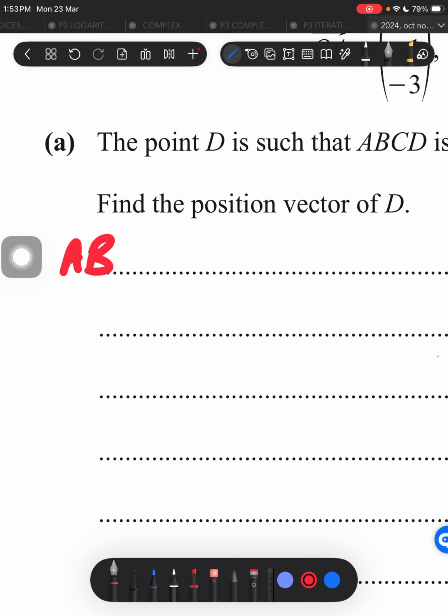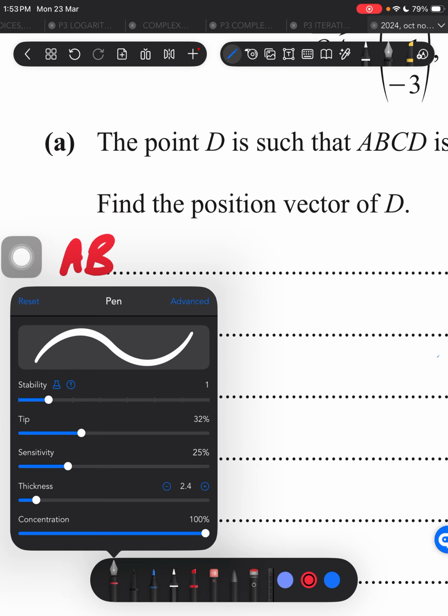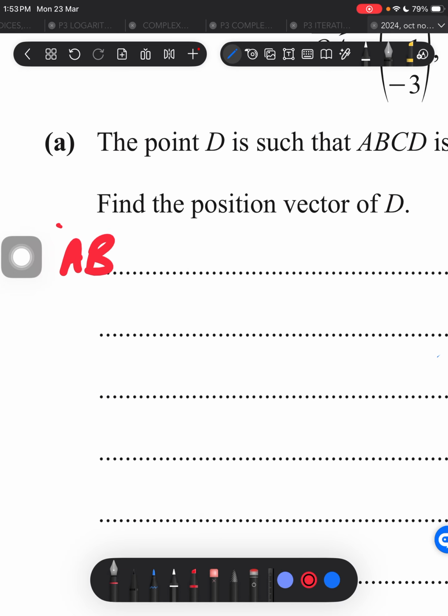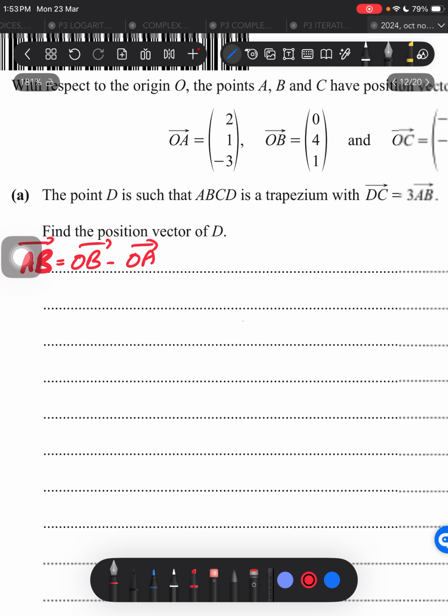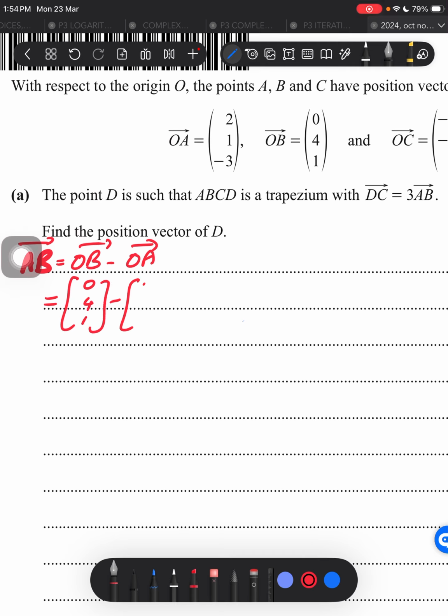AB can be written as OB minus OA. So OB and OA, both the values are given. OB is 0, 4, 1 and OA is 2, 1, negative 3.